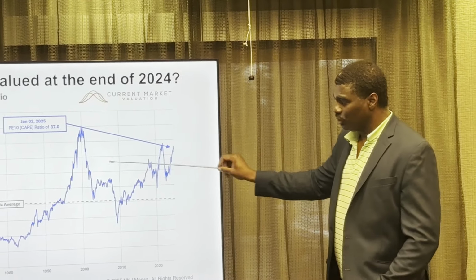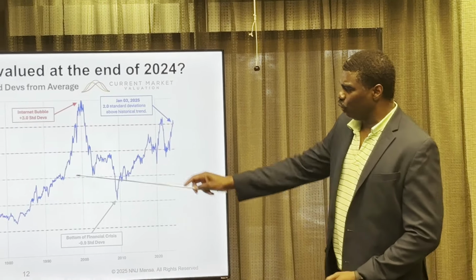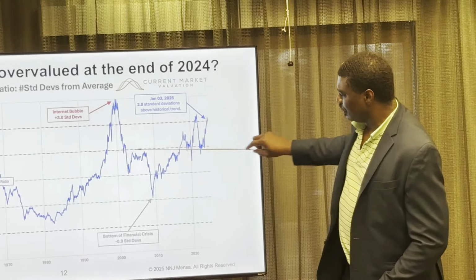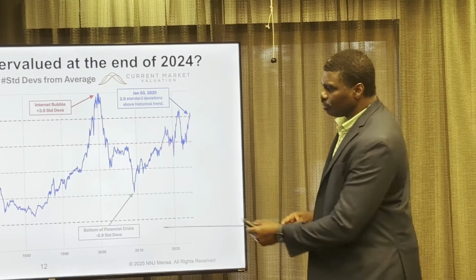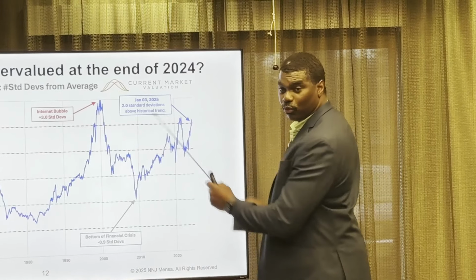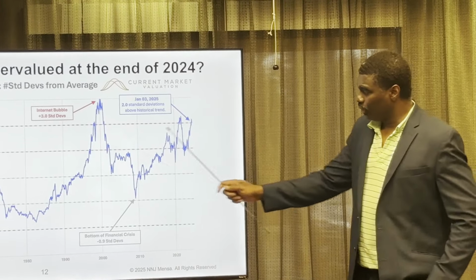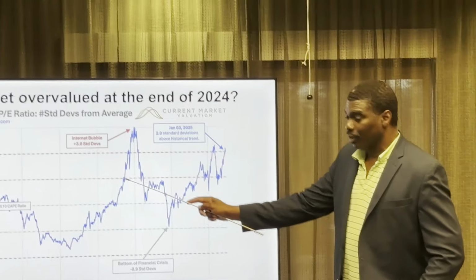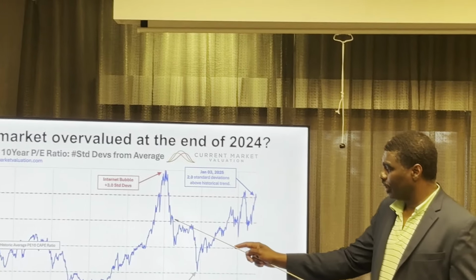It's clearly overvalued. We discussed this before. We talked about the 1 standard deviation and 2 standard deviation. Right here is the 1 standard deviation. So when it hit the overvalued mark, it remained overvalued for well over a 2-year period before it came back down.